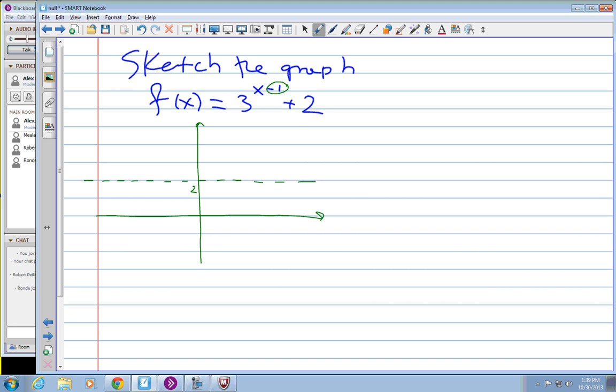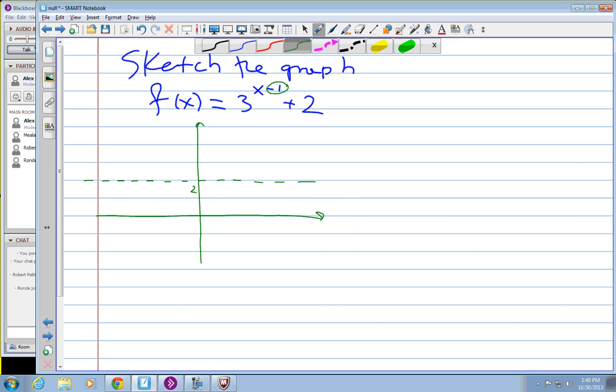The common mistake would be to shift it up but still approach the x-axis. That will be wrong. So it will be evening out here.